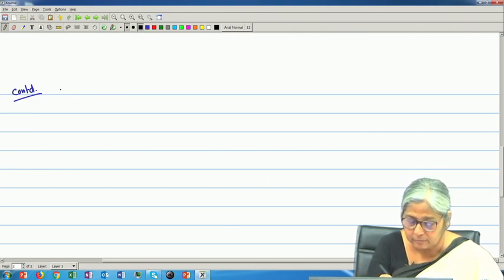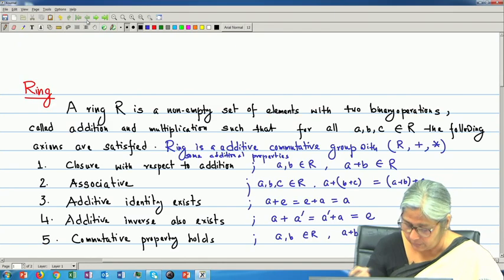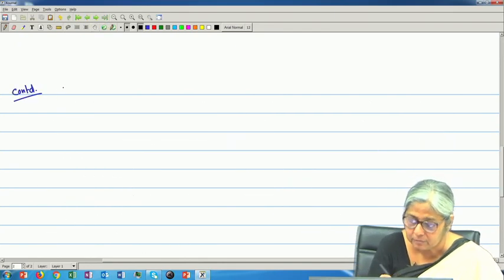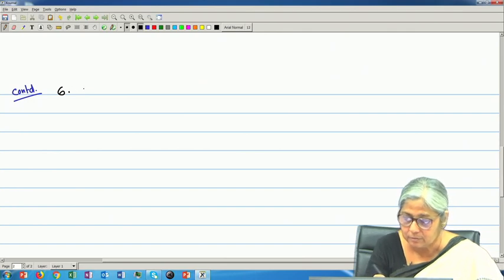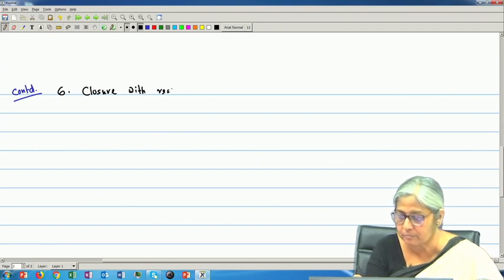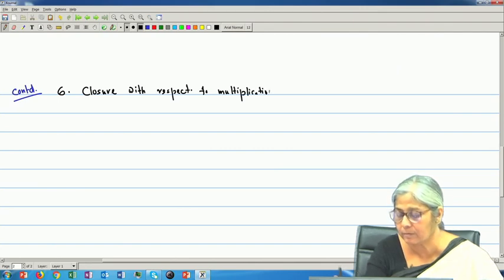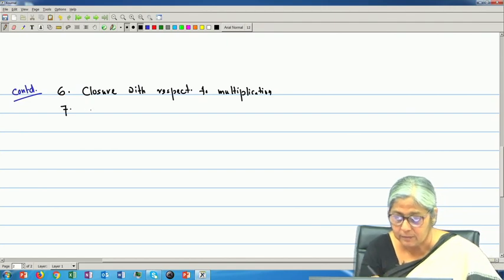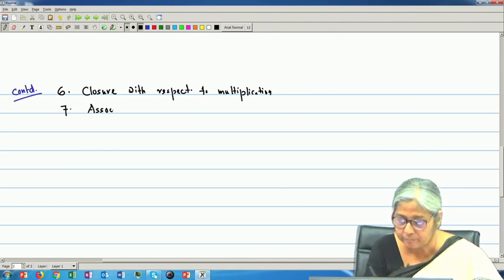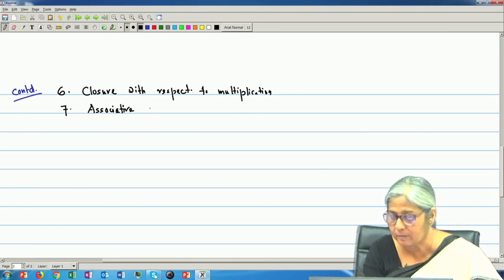The sixth property is closure with respect to multiplication. Then it is associative with respect to multiplication.